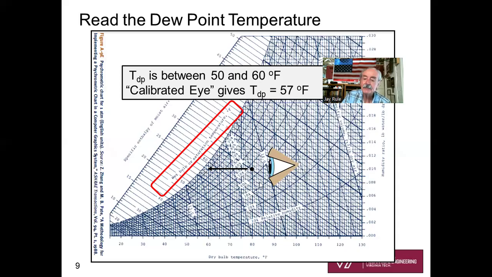You can study that, and if I were to put my dot where I'm squiggling my cursor, with your calibrated eye you would get 57 degrees F. So in my solution, I'm going to write down that the temperature of the dew point is 57 degrees F. That takes a little practice to get good at. Let's move along.